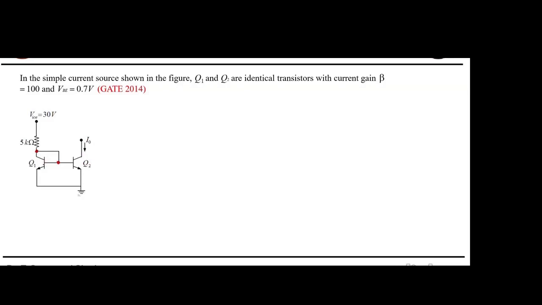So that means this transistor will not play any role. Because for getting the transistor action, these two potentials are the same, right?